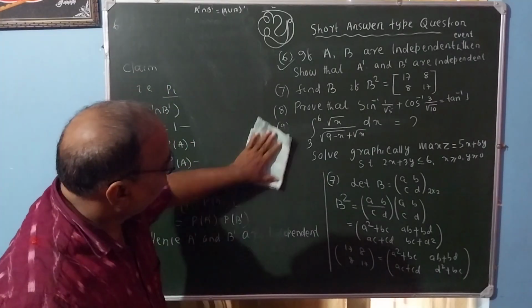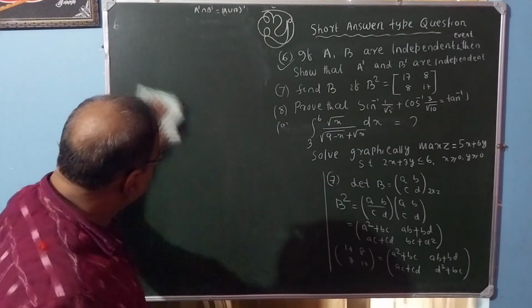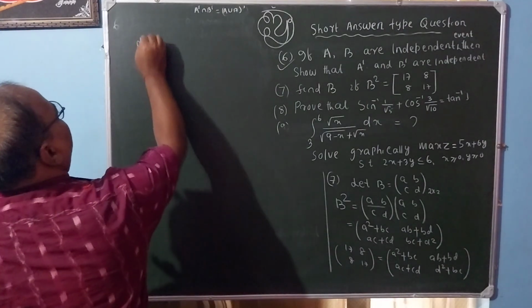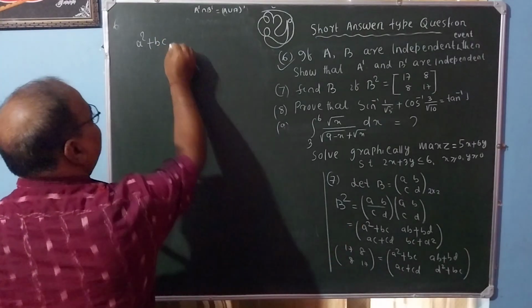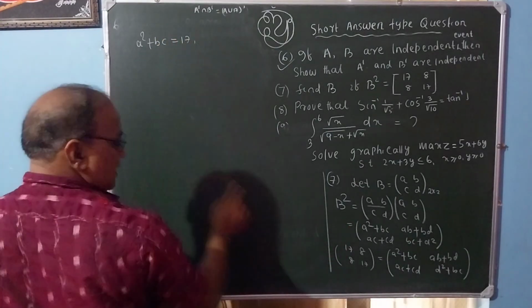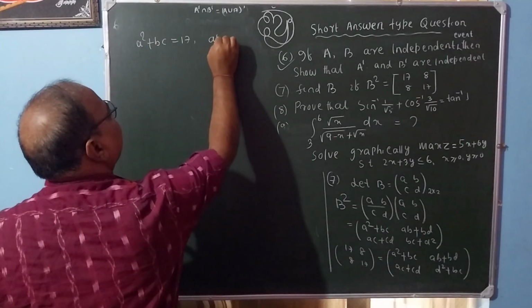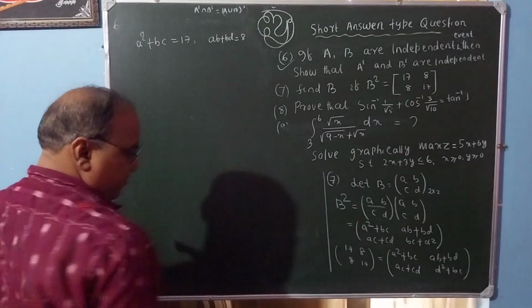Write down: A square plus BC is equal to 17. Then AB plus BD is equal to 8.